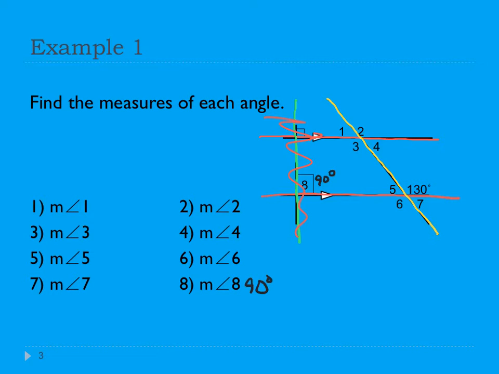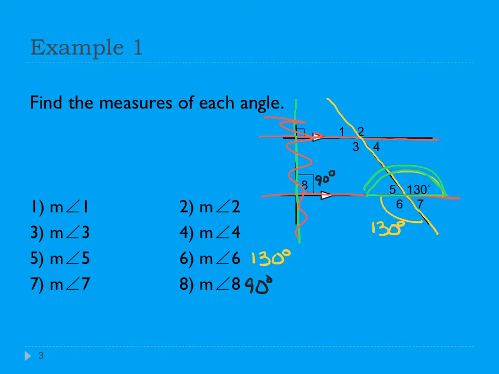Because I can see that angle 6 is vertical to the 130, so angle 6 is 130 degrees. I can also see that angle 5 along with the 130 is a linear pair.